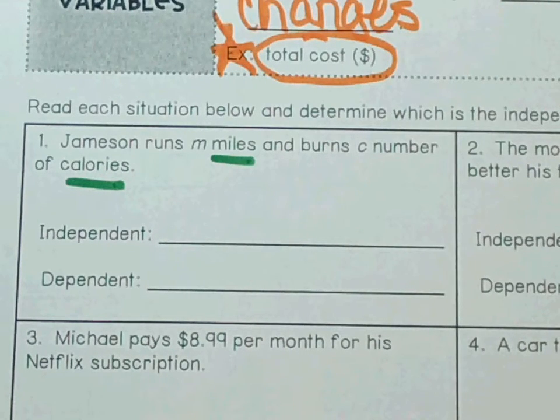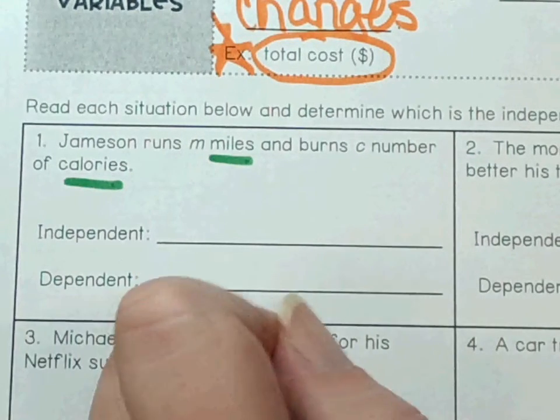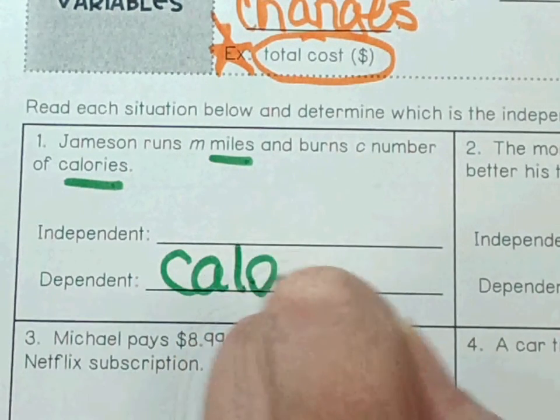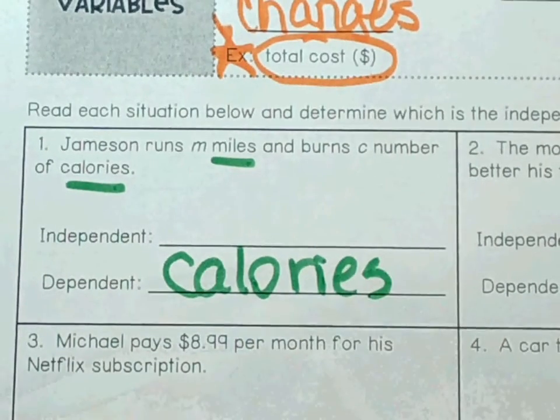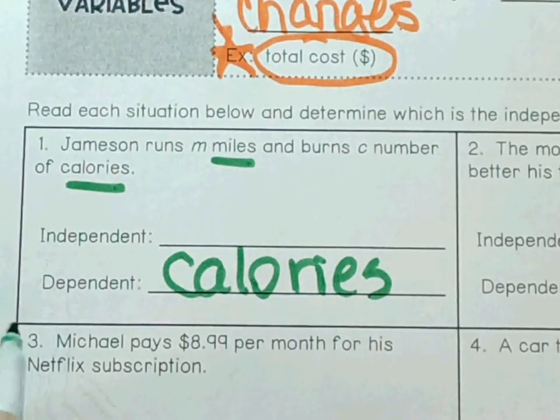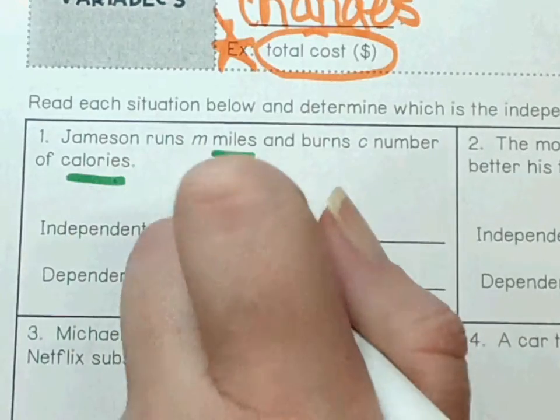Is the number of miles dependent on how many calories are burned, or is the number of calories burned dependent on how many miles I run? That's right. So the calories are dependent on how many miles I run.